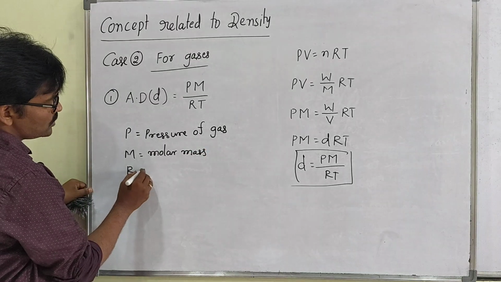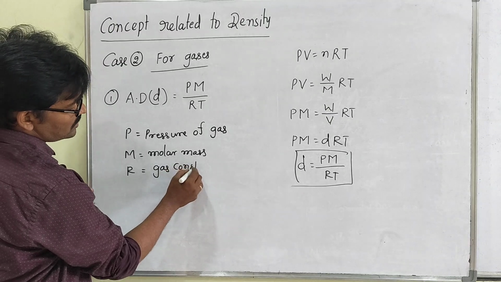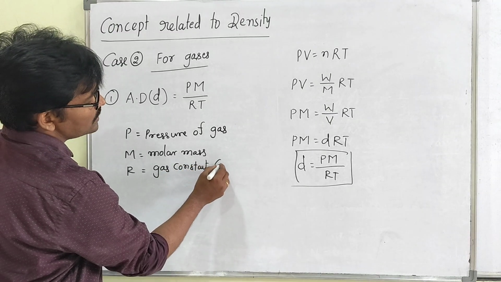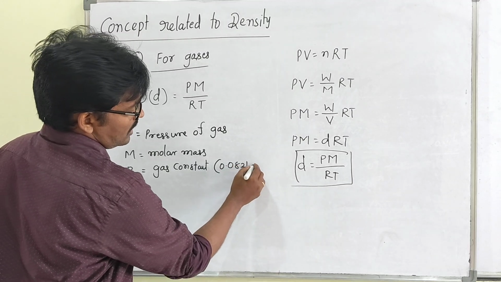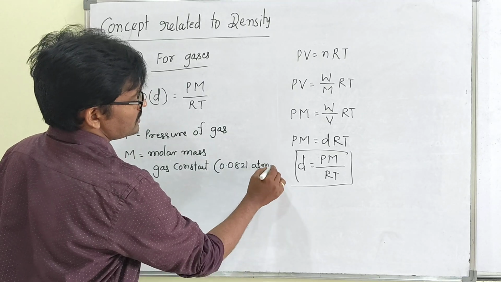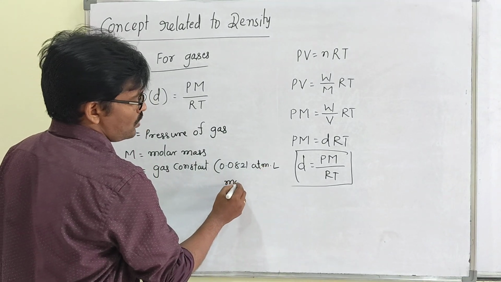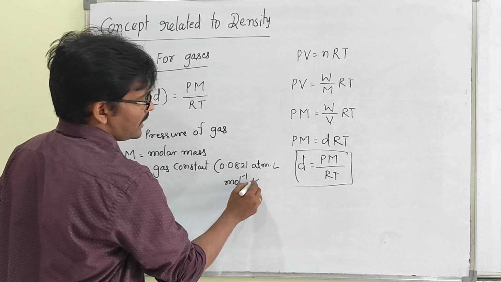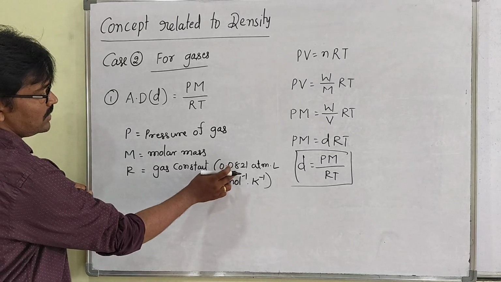Then R equals the gas constant value, that is 0.0821 atmospheres liter mole inverse Kelvin inverse. These are the units for the gas constant and its value.